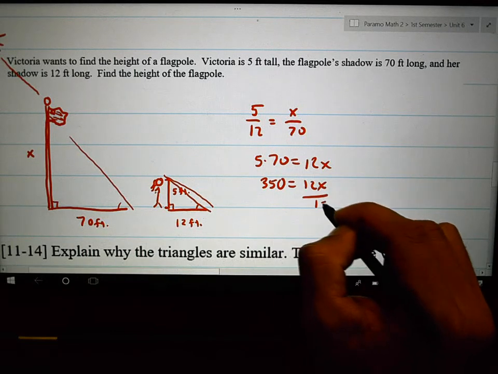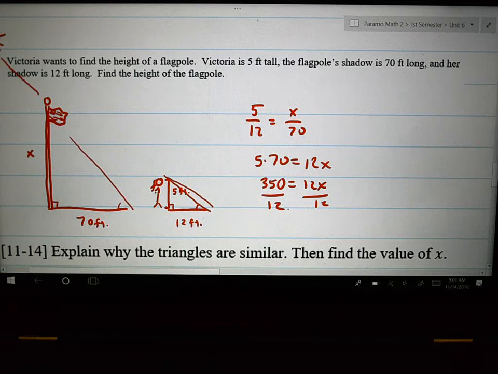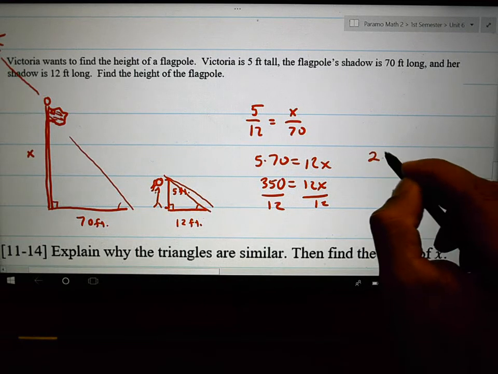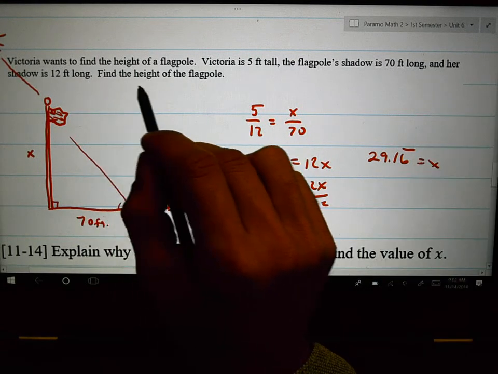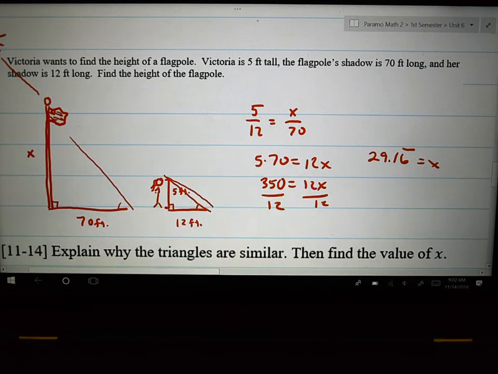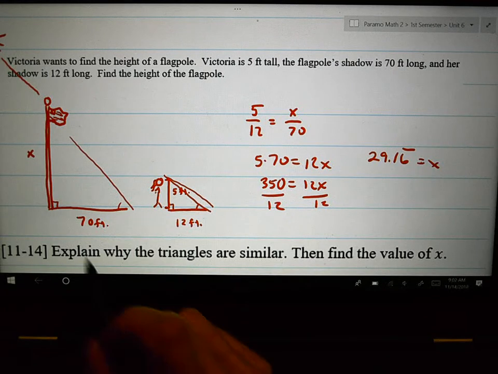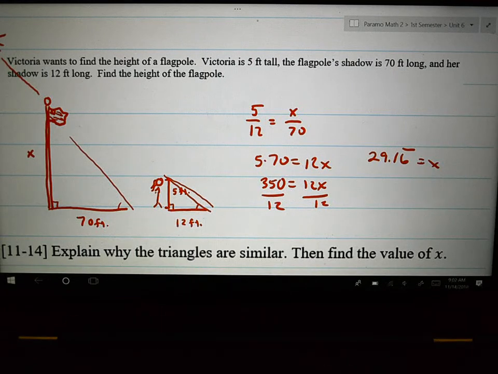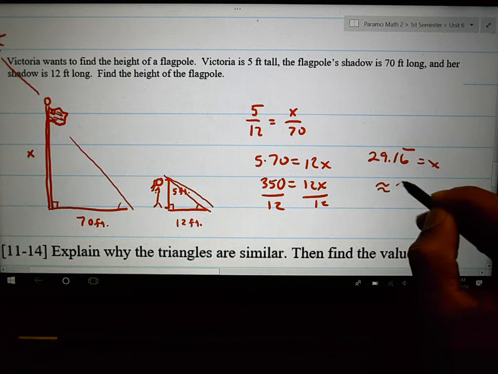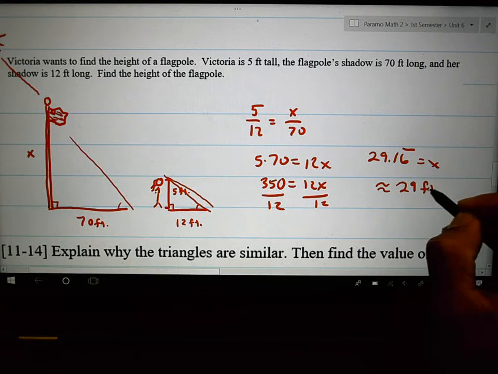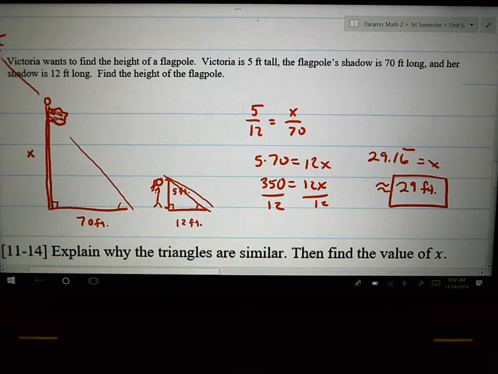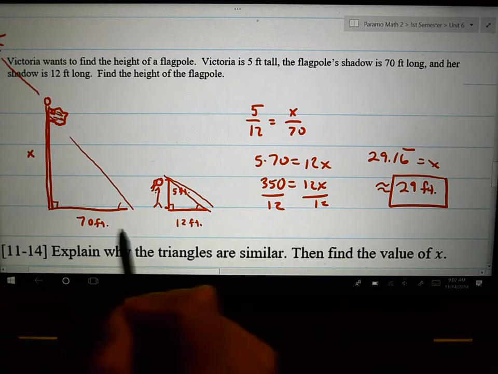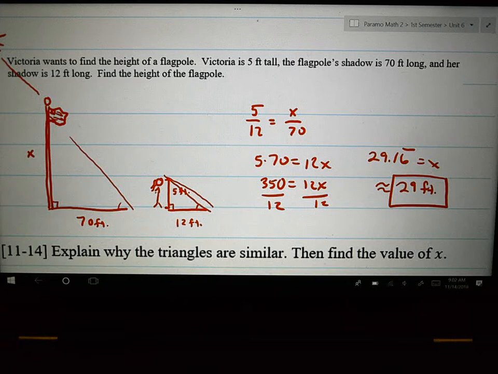Divide by 12. It comes out as a decimal, 29.16 repeating. Find the height of the flagpole. It doesn't say round, but we're going to round it because if this is in feet and that's in feet, it's about 29 feet tall. It's way easier to measure something on the ground than it is up and down anyway. So this is a nice, easy way to do that.